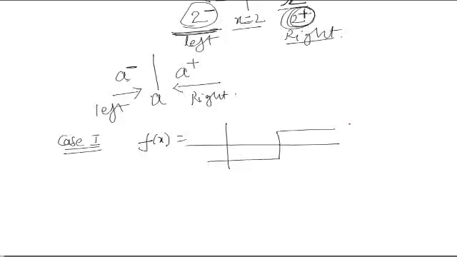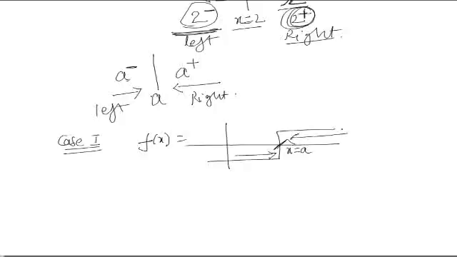Now here let me say this is the point x equal to a. Now let me do what I did in the previous function. Let me try to approach x equal to a from this side, and let me try to approach x equal to a from this side.